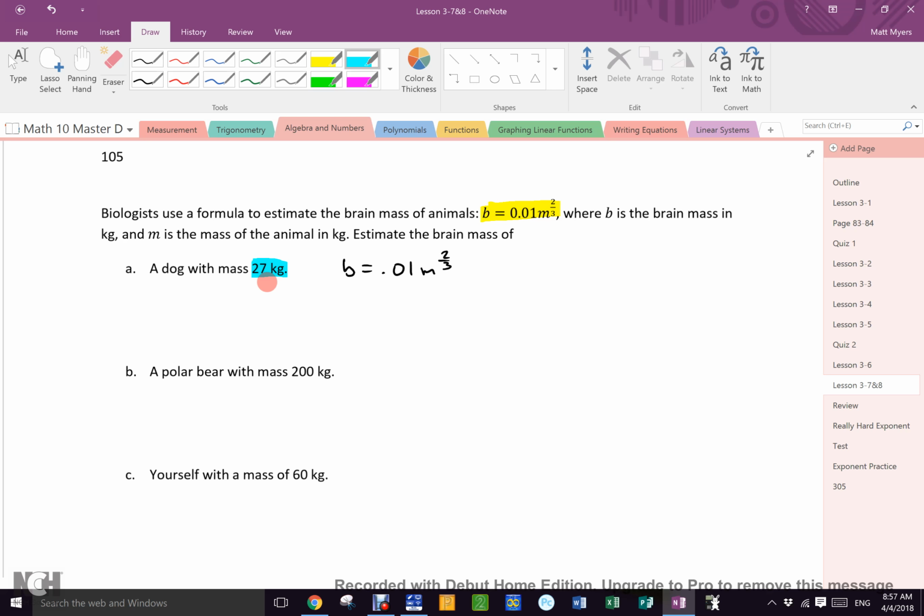B is the brain mass, M is the mass of the animal. So where does that 27 go? Mass of the animal. 0.01 times 27 to the 2/3. Now, is this a calculator situation or can we simplify this one?